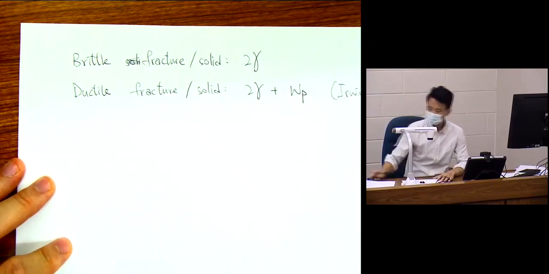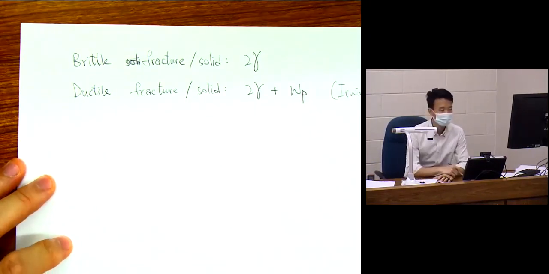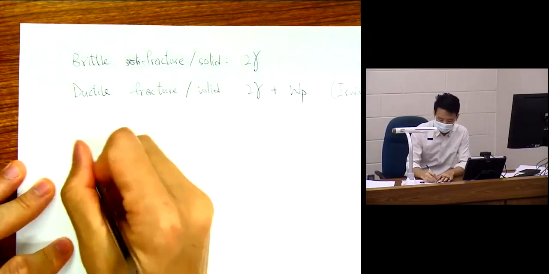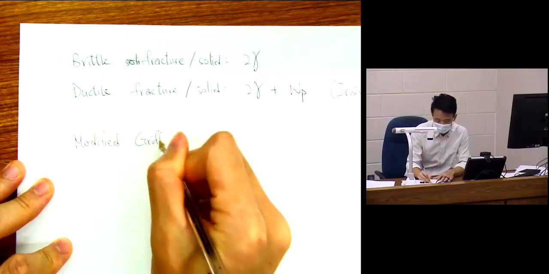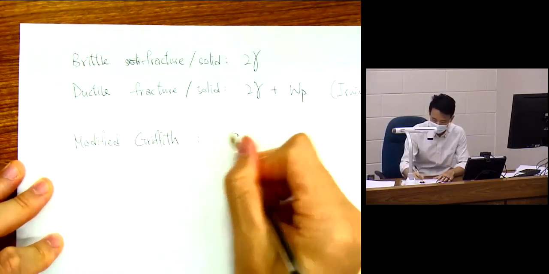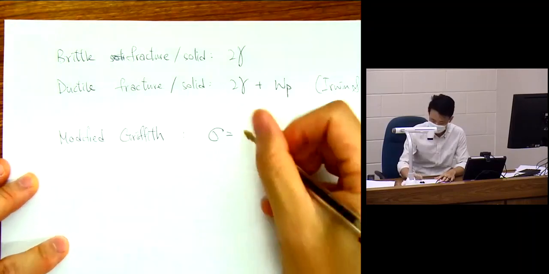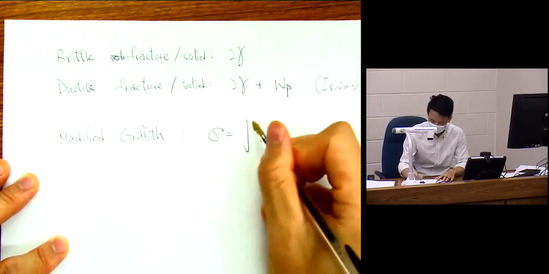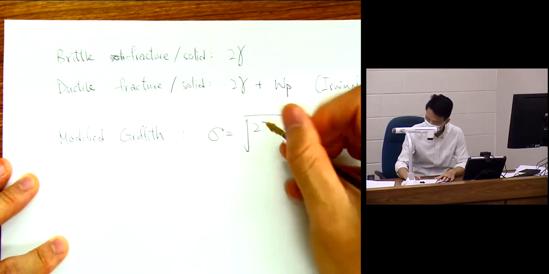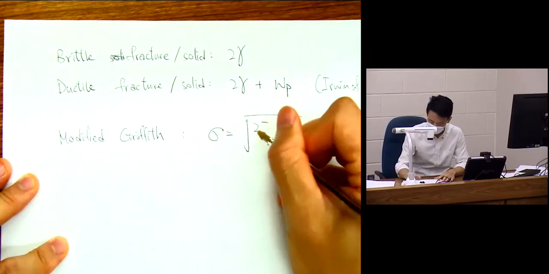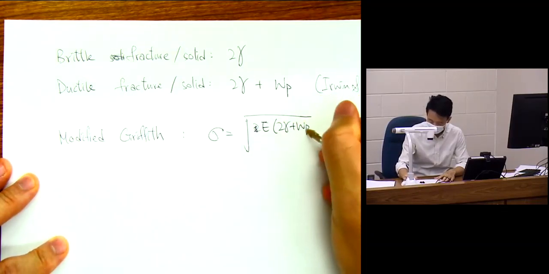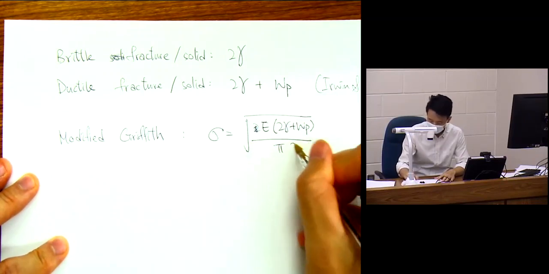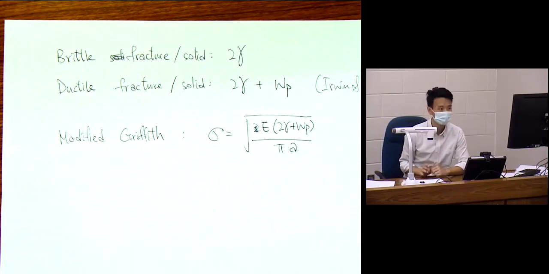So they modified the Griffith criterion by simply changing the surface energy to surface energy plus the plastic work. So the modified Griffith: everything stays the same, but instead of 2 gamma, we have 2 gamma plus W_p. Okay, that's the only modification.